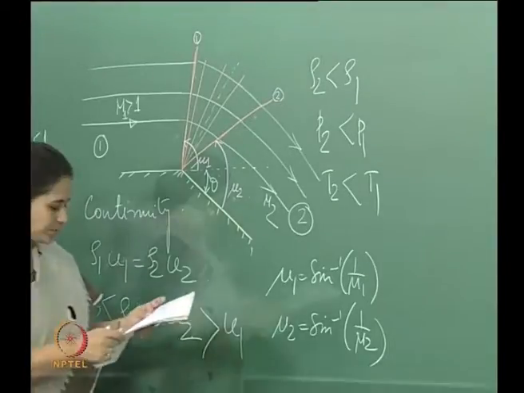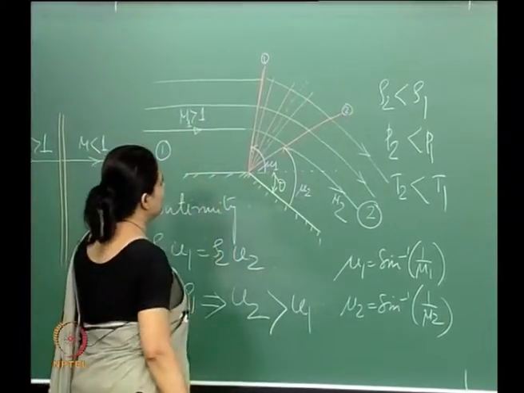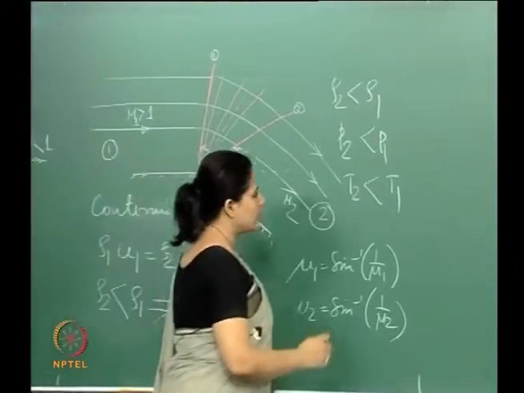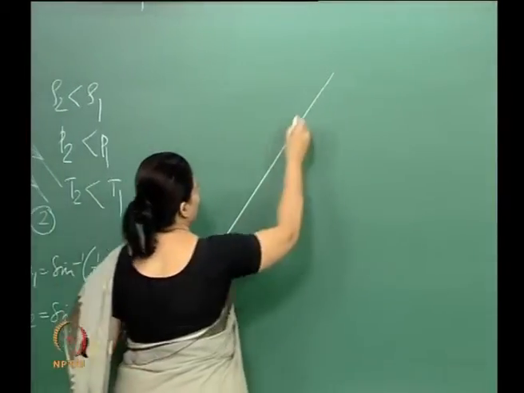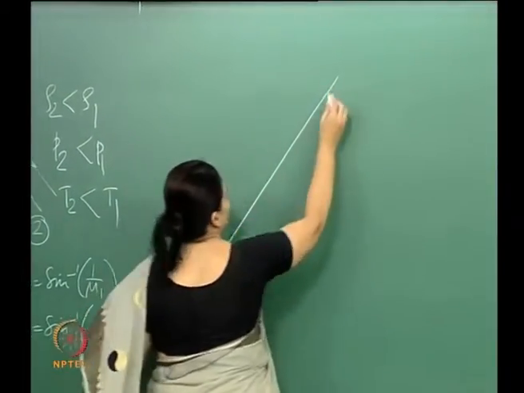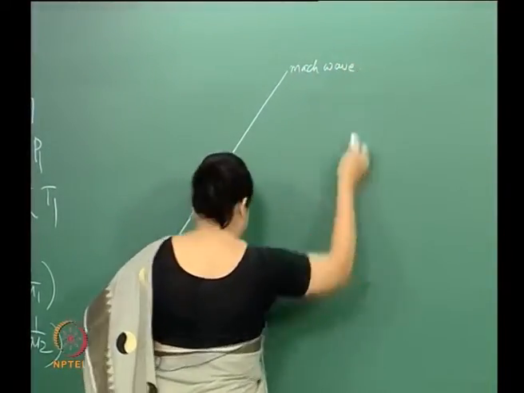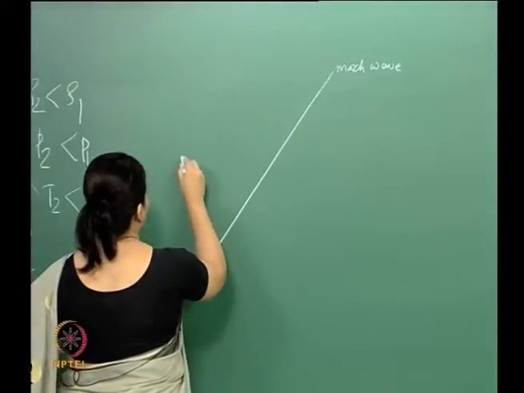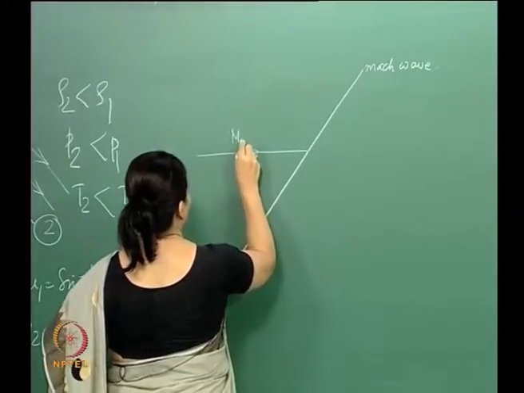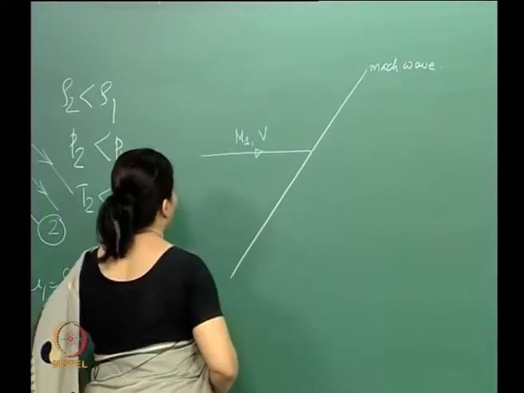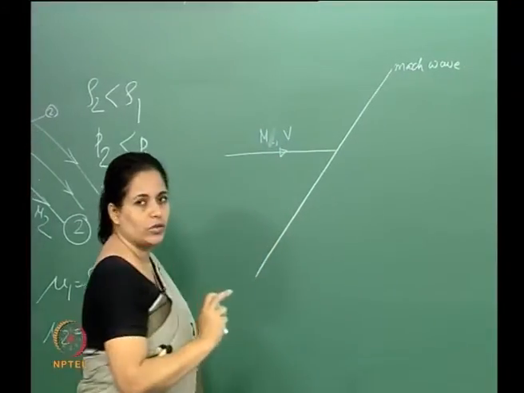Now let us look at just one Mach wave and understand a few things here. So say this is a Mach wave, just for a general Mach wave, right.